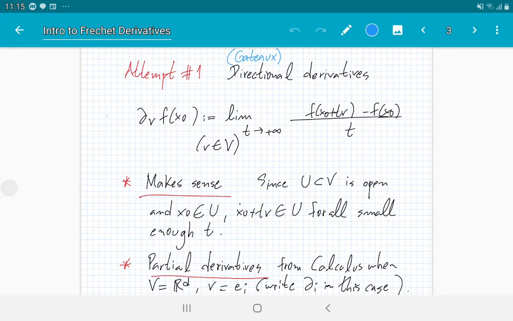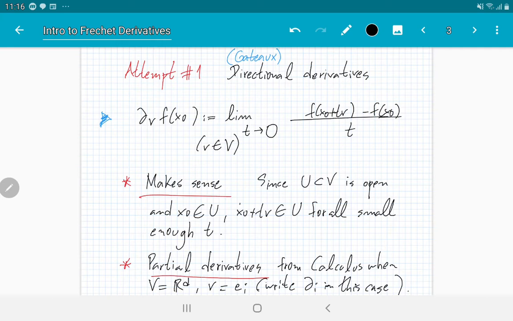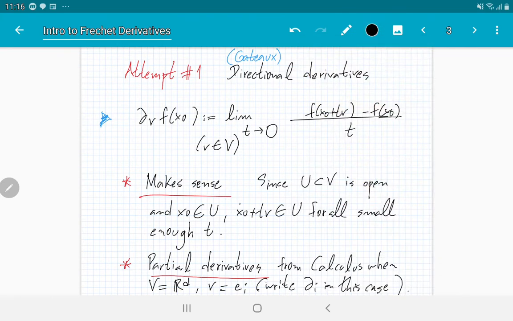And the first one, perhaps the main one contested against the good notion, is this guy here, the directional or Gâteaux derivative. So this derivative is defined as a limit, and it's a limit of the same kind where we define derivatives for functions from the real line to a vector space, right?